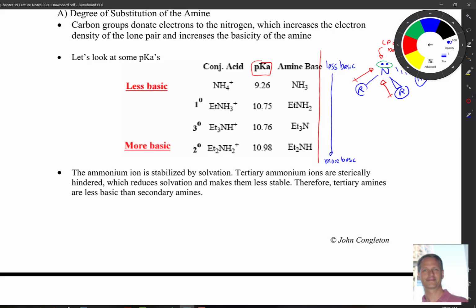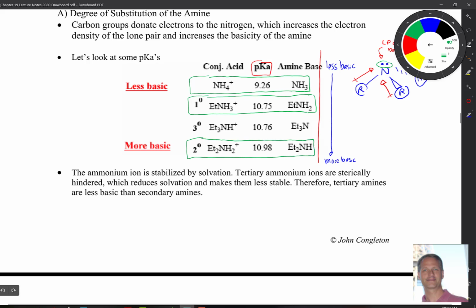Okay. So as we go from that first structure, NH4+, which is our NH3 as a base, if we add an R group to that, then we get a little bit more basic, right? And we're more basic again because we're donating electron density to that nitrogen. And then let's just jump down here and look at 2. So if we throw 2 R groups on there, then that basicity increases a little bit also. Notice it's not going from 10 to 15. It's a small change.